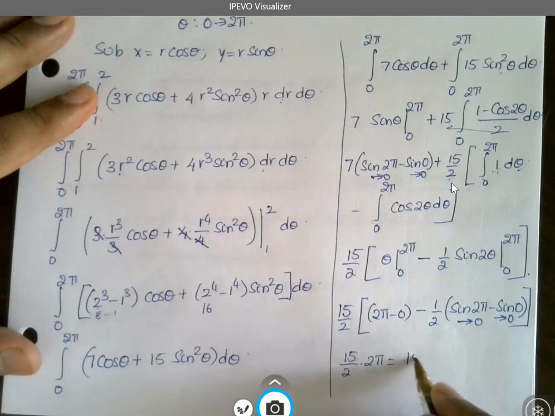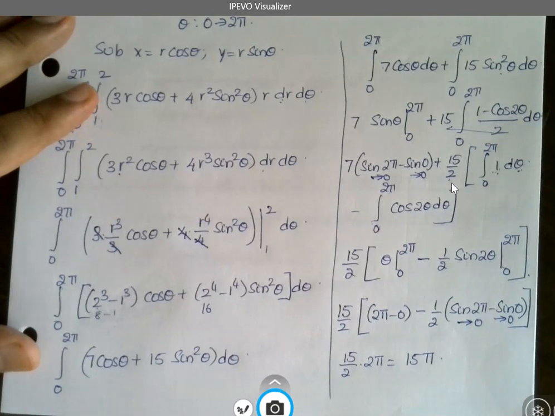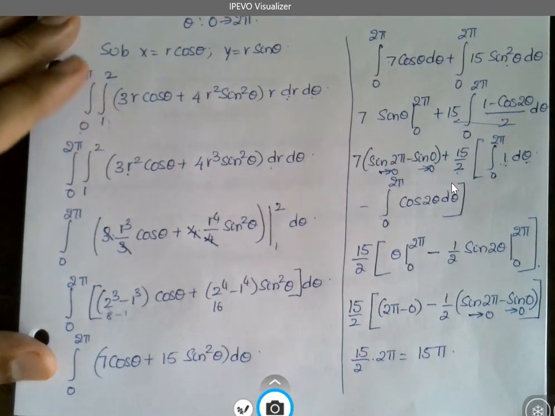That's going to be just 15 pi. Okay, 15 pi. Am I right? I hope I'm right on this. If not, fix it.